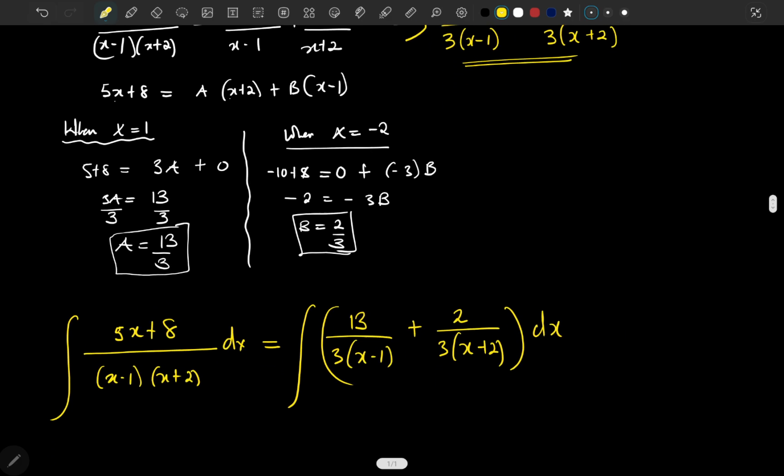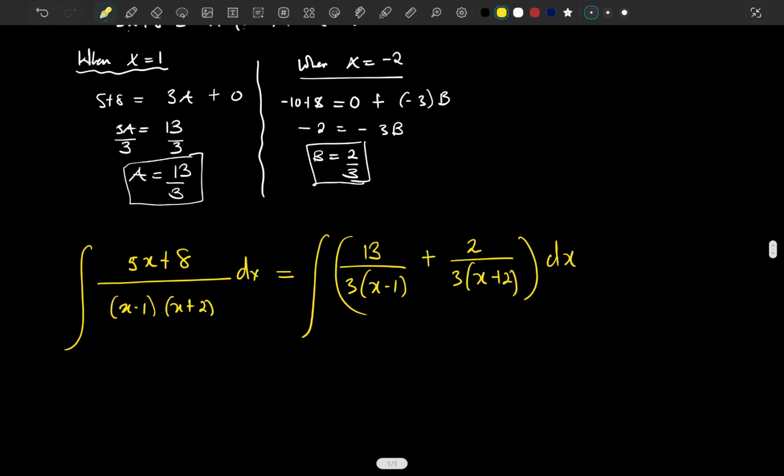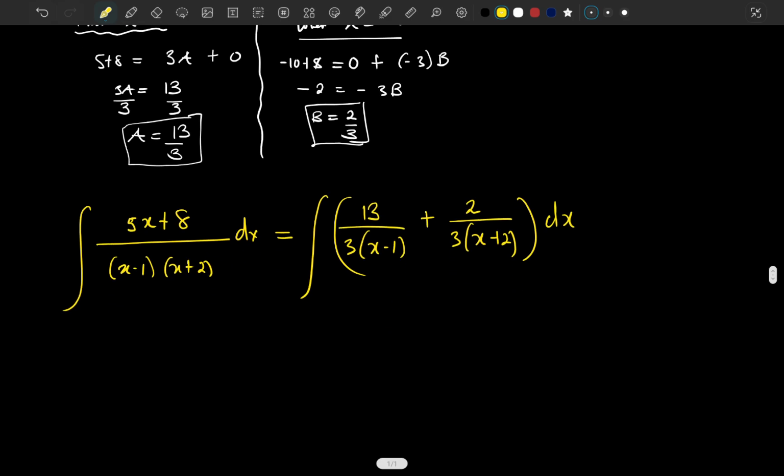This is why partial fraction integration is very important and useful. Because this has been transformed into partial fractions, you can just add the integrals. Now the integral can be distributed throughout.